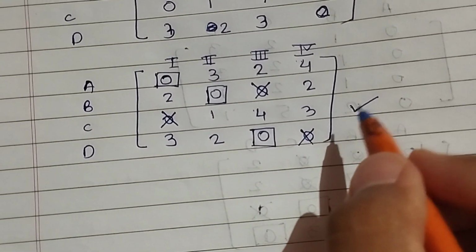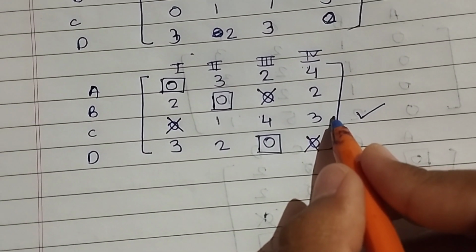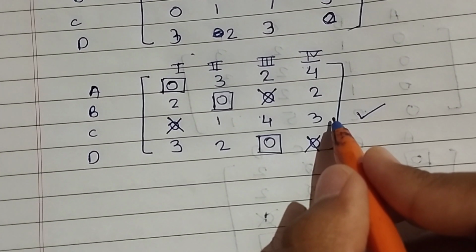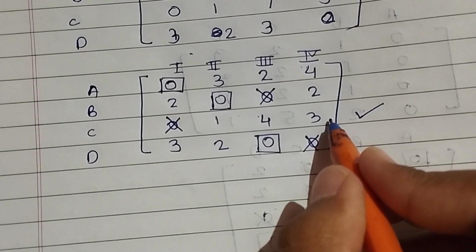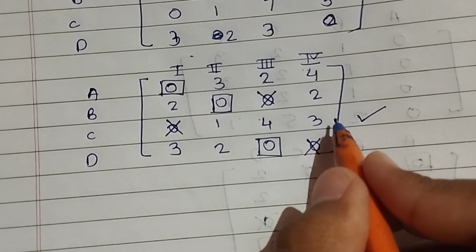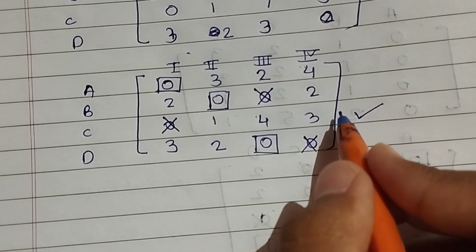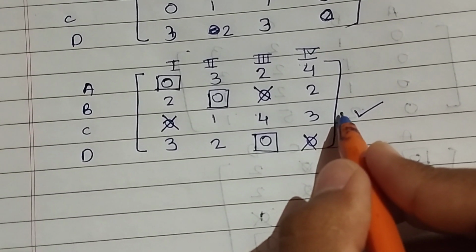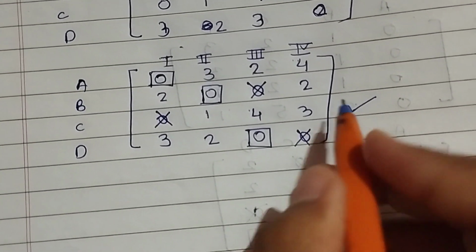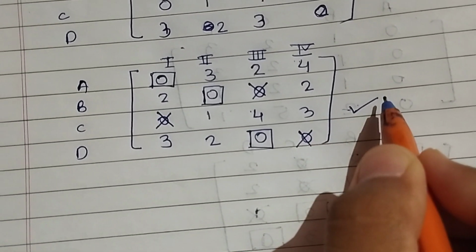Then examine the marked row. This is our marked row. If any zero element occurs in the marked row, mark a tick on the respective column containing that zero. So, first step: which row has no assignment, mark it with a tick.